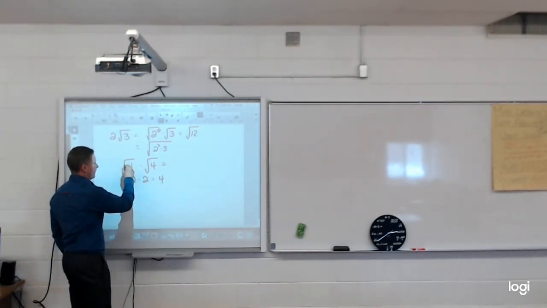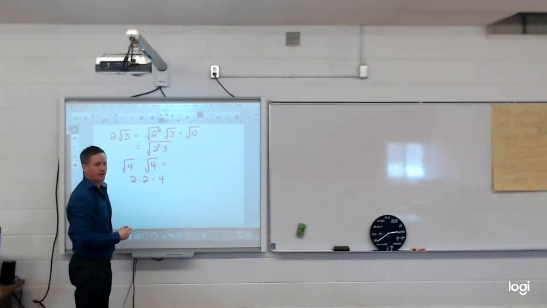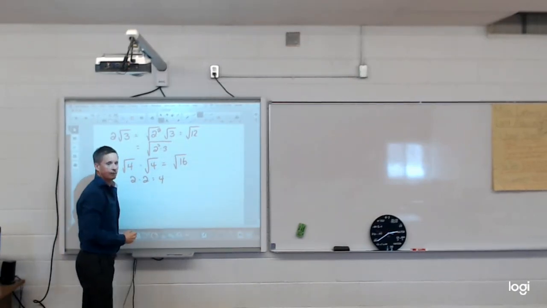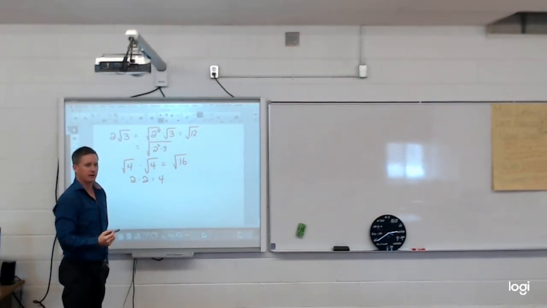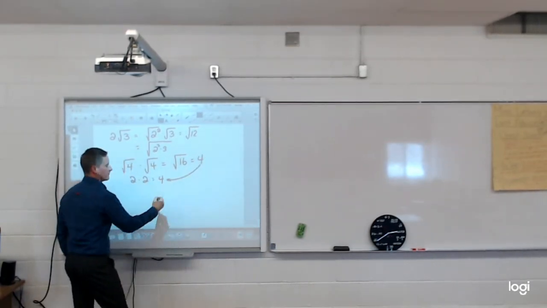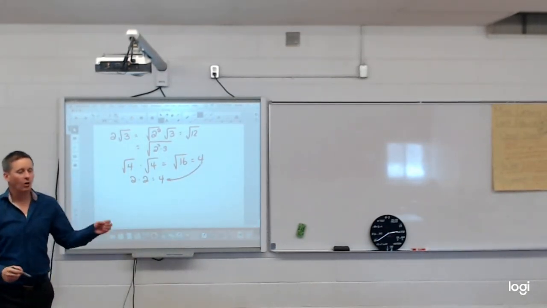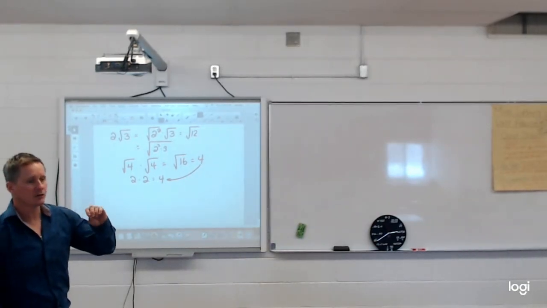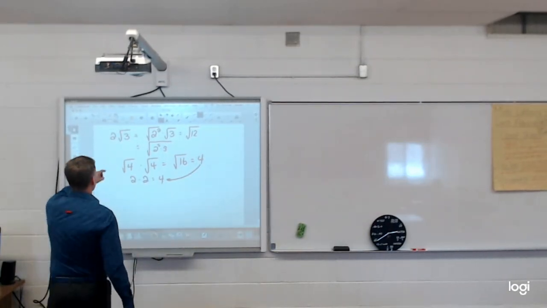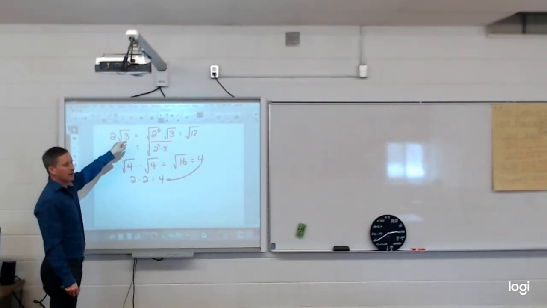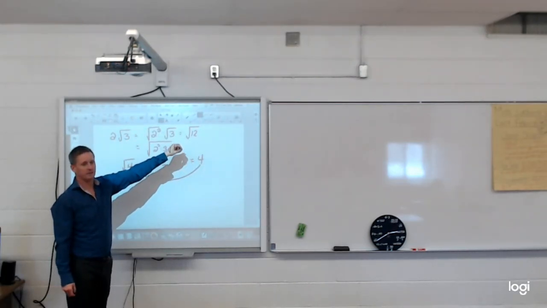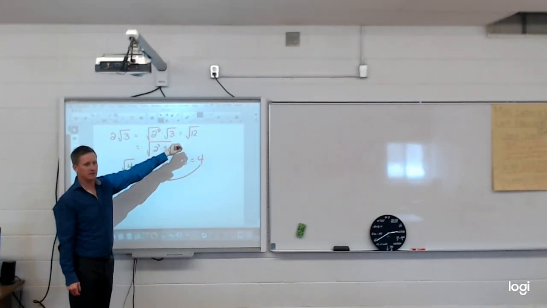If I take the square root of 4 and I times it by the square root of 4, I'm going to get the square root of 16. Because 4 times 4 is 16. You agree with me? What is the square root of 16? 4. The same thing. So if they are both in rooted values, I can multiply them. I can't multiply 2 times square root 3. But I can multiply the square root of 2 squared times square root 3. Does that make sense?